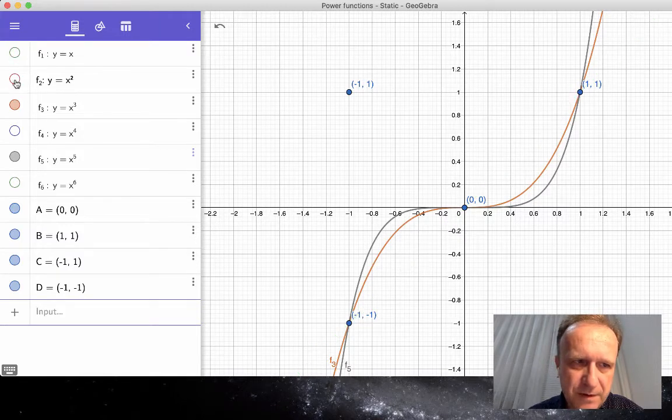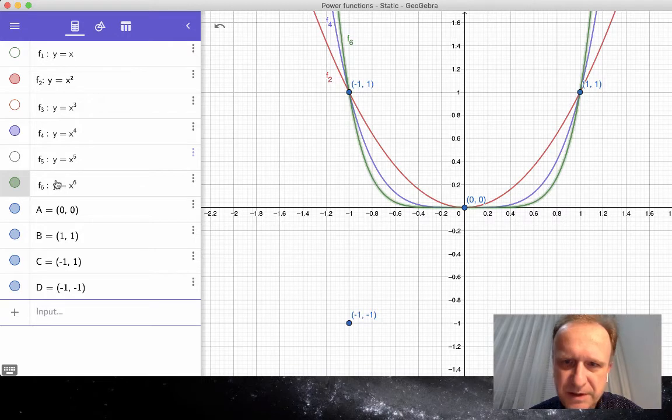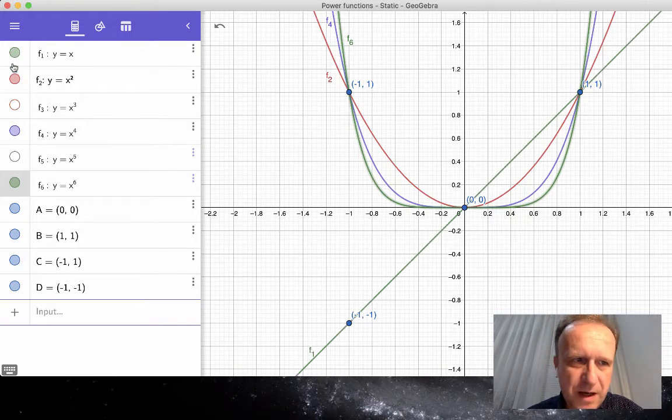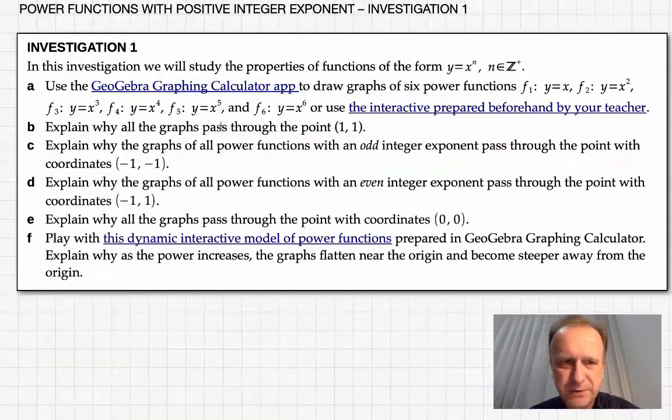If you notice just those with the even power, the red one is x to the power of 2, x to the power of 4, and x to the power of 6, they reside in the first and in the second quadrant. I will now make them all visible and go back to the exercise.